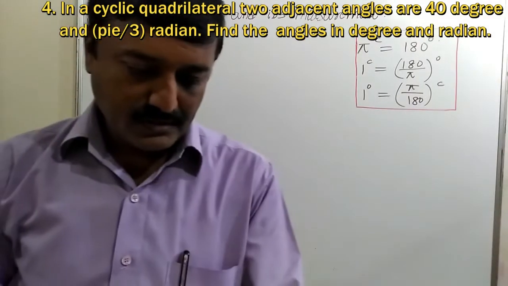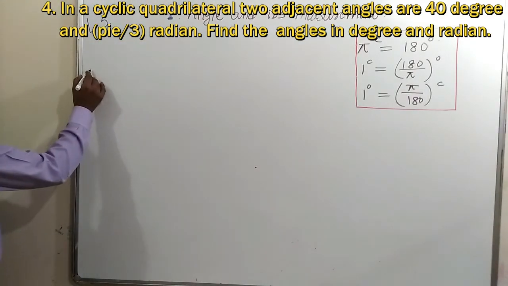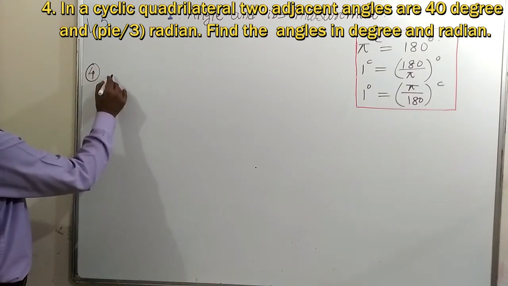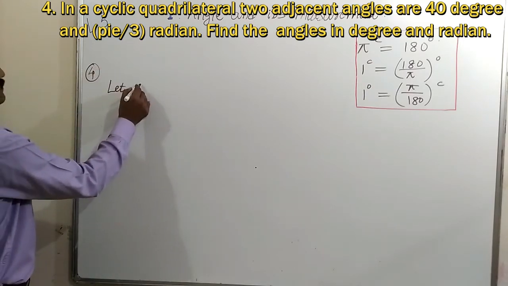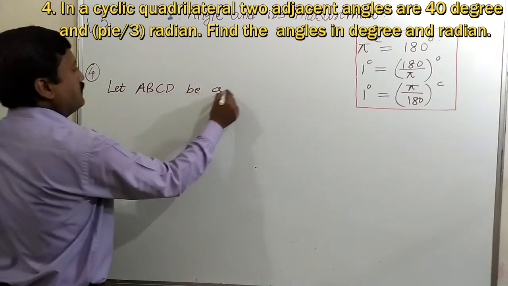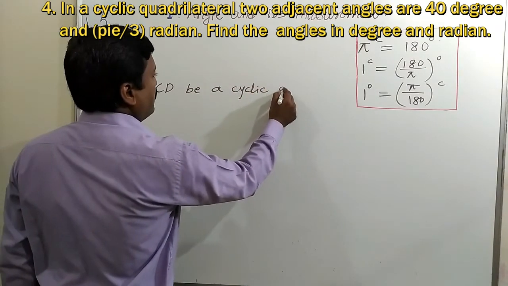In this fourth example, the given quadrilateral is a cyclic quadrilateral. Let ABCD be a cyclic quadrilateral.